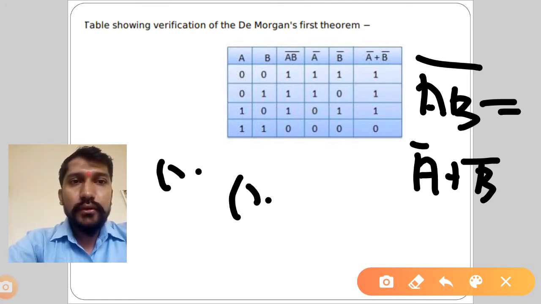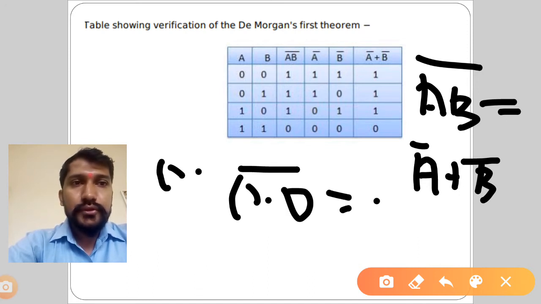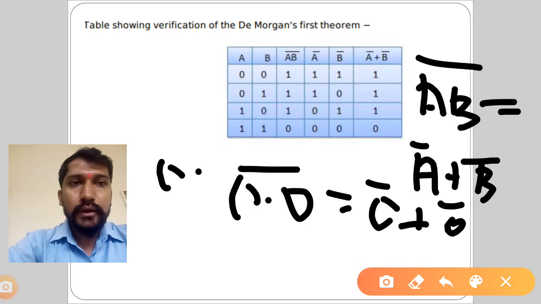(0 dot 0) bar is equal to 0 bar plus 0 bar. We know what is 0 into 0? 0 bar is what? 1 plus 1.